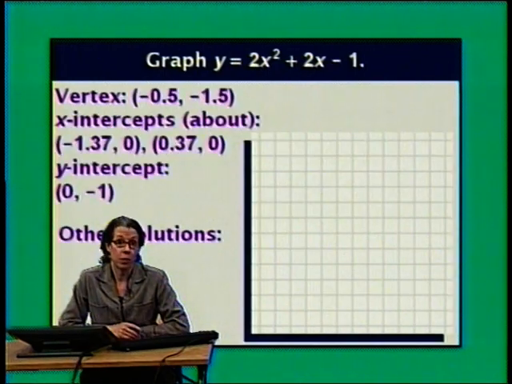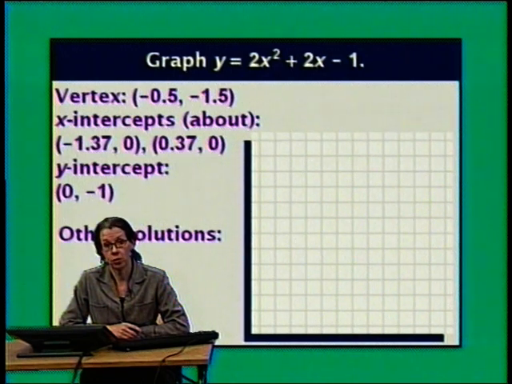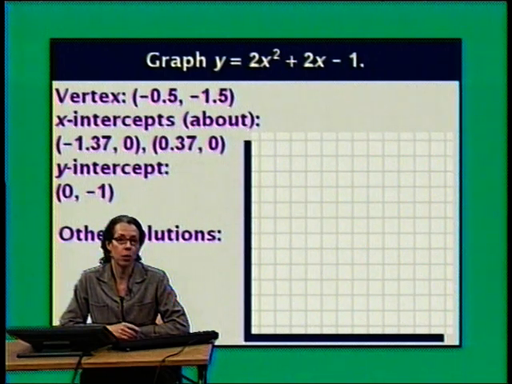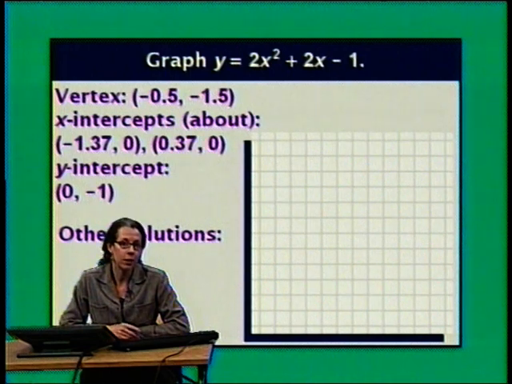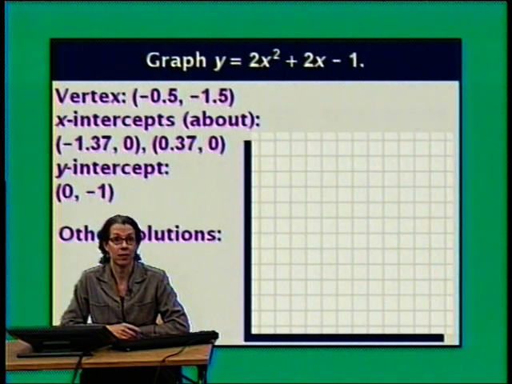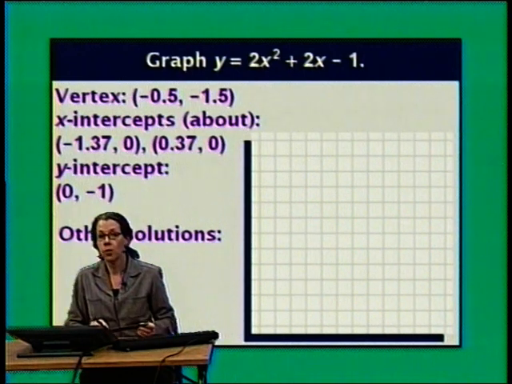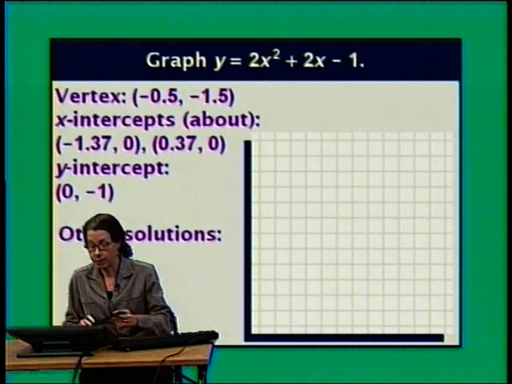So here are the points we found. We have our vertex, we have our approximations for where the x-intercepts lie, and our y-intercept. I'm going to start by setting up my coordinate plane and establishing a scale. Looking at the coordinates of the vertex, I think a scale of 1/2 on both axes is going to be pretty good. So I'm going to put the origin about in the center of my paper.